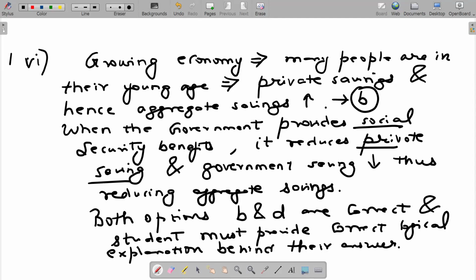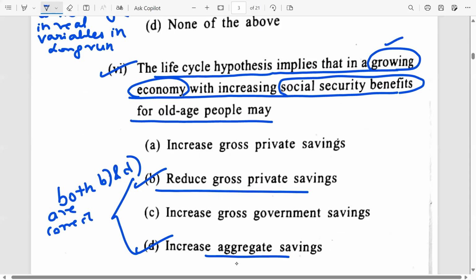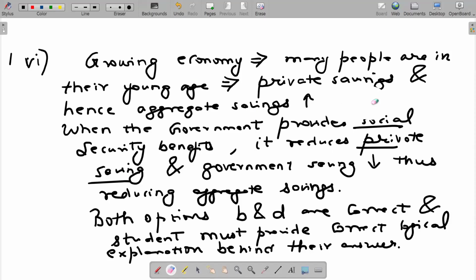B was, if I come back to the question paper, reduce gross private savings. So I correct myself: if students provide B as your answer, then your reason should be this.